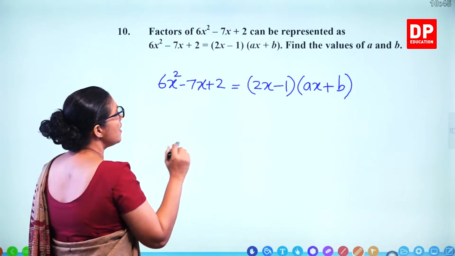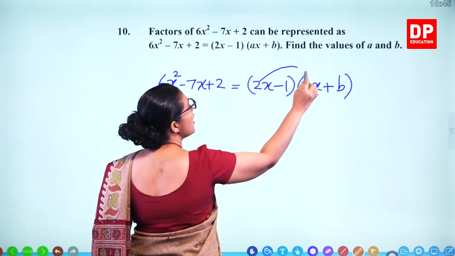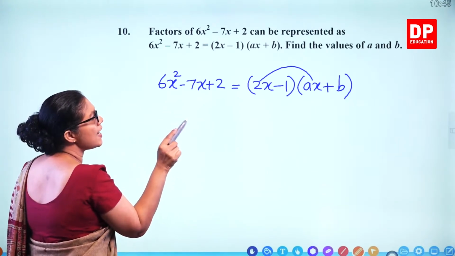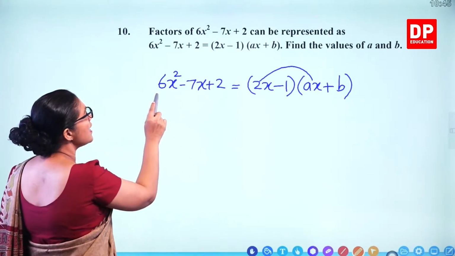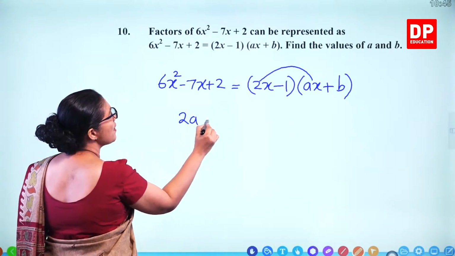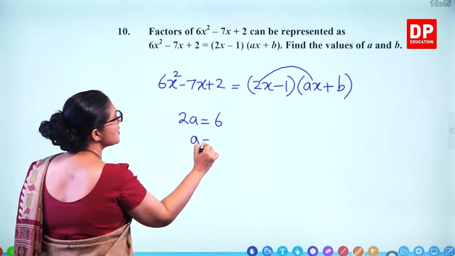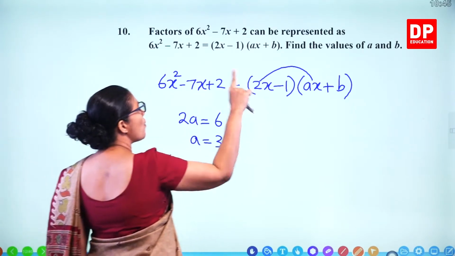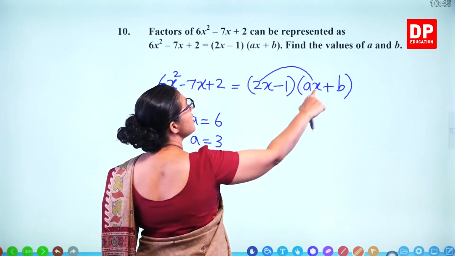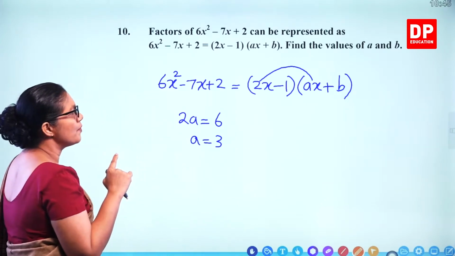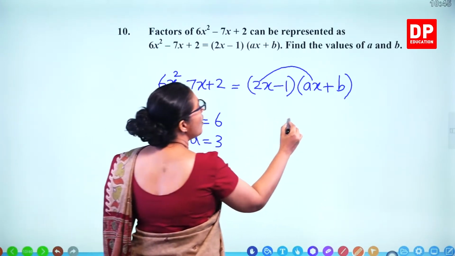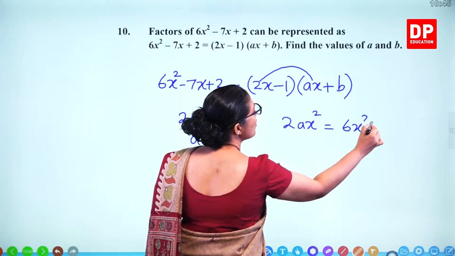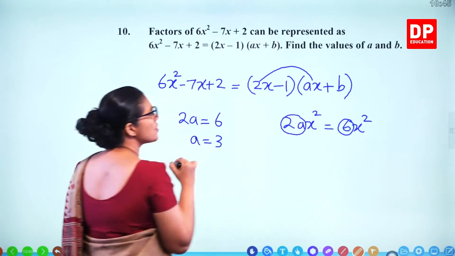Like this, when you multiply this one, you are getting 6x squared. 2 times a is 6, so that means 2a becomes 6. A becomes 3, 6 divided by 2. That's easy, because only where you get x squared is this term into this term. 2ax squared is equal to 6x squared. So you can compare the coefficients.